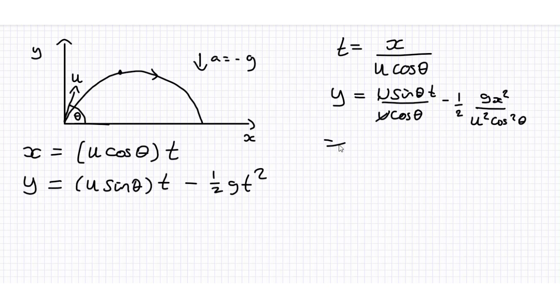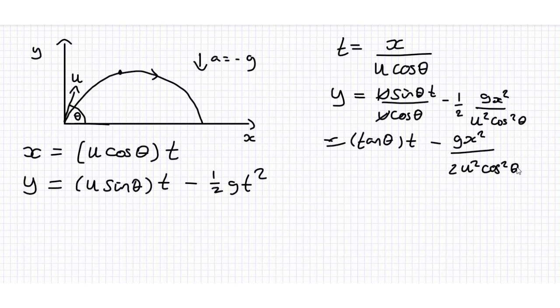These u's cancel each other out, and sine theta over cos theta is tan theta, so we get tan theta t minus gx squared over 2u squared cos squared theta.